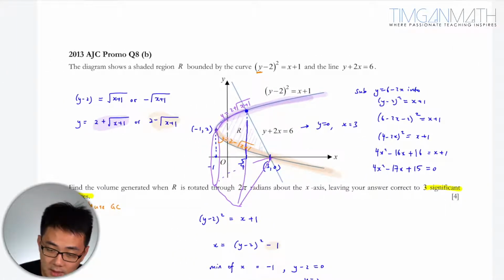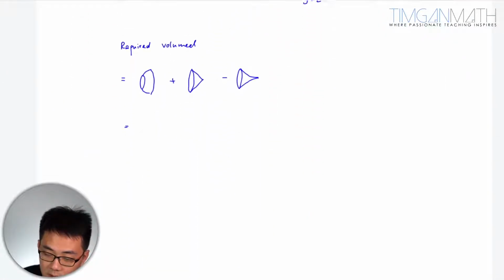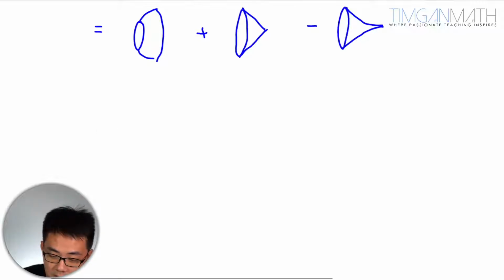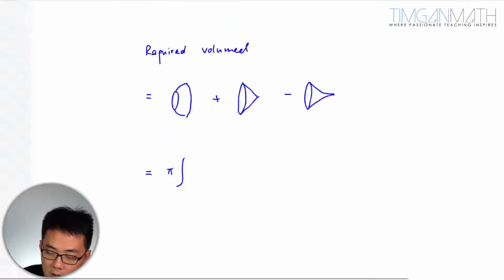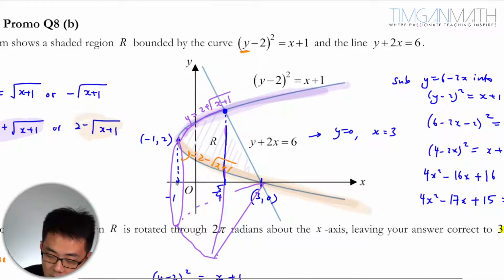Now that's it. Once done, what I'm going to do is put this as pi, y squared dx, so dx from negative 1 to 5 over 4.